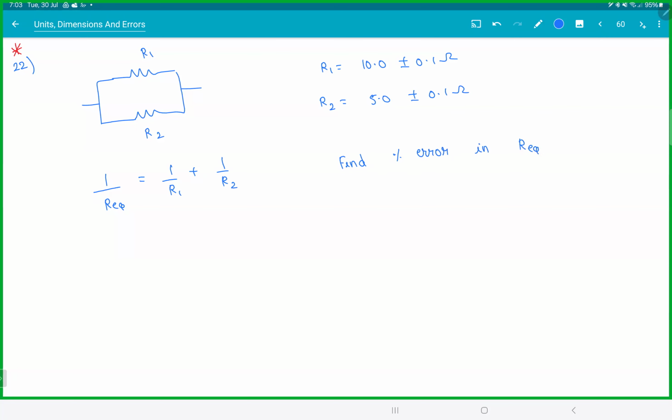How will we do this? Try. Now this thing is not looking like addition or subtraction. This doesn't obey the power rule. This is something else.